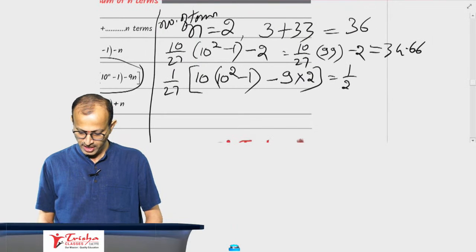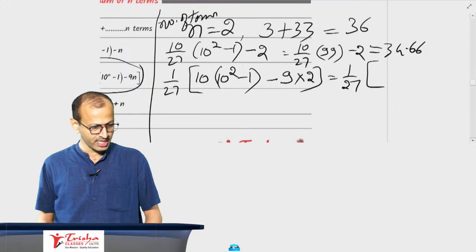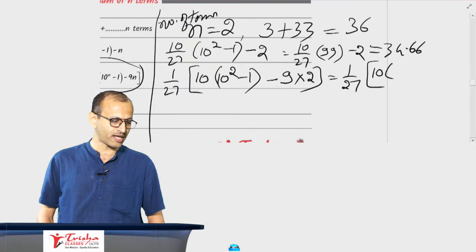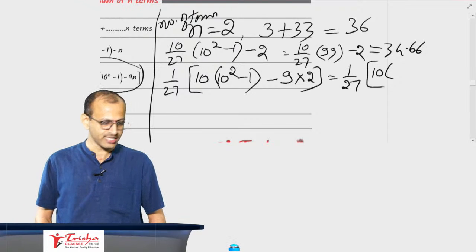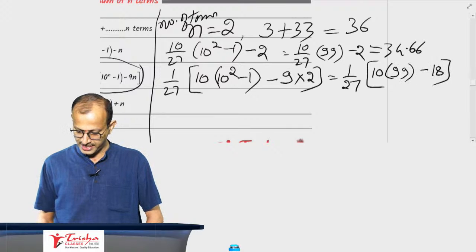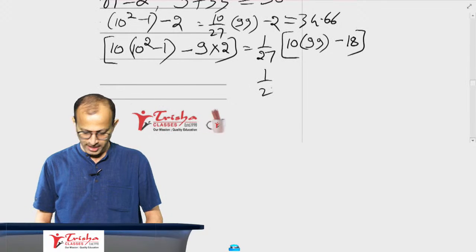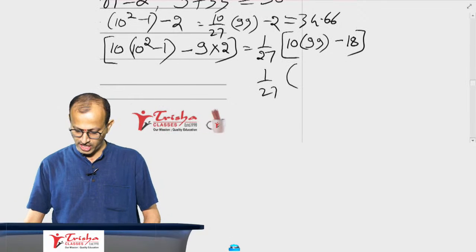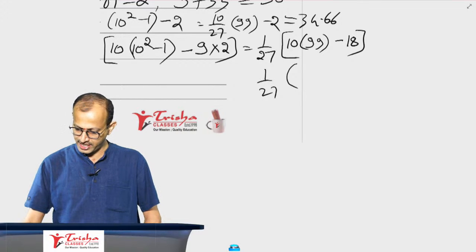All of you are working with me. 1 by 27, 10 into 10 square minus 1, 100 minus 1, 99, minus 9 2s are 18. Use calculator: 10 into 99 minus 18, that answer divided by 27.